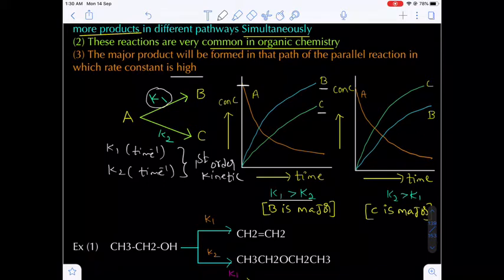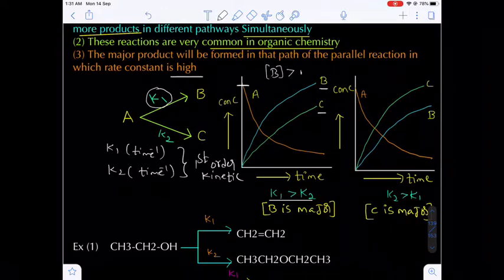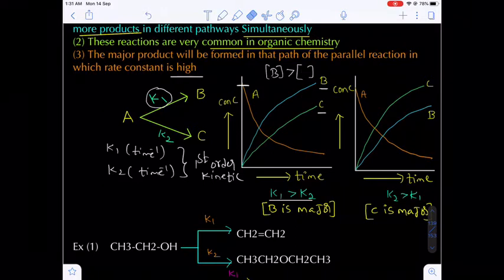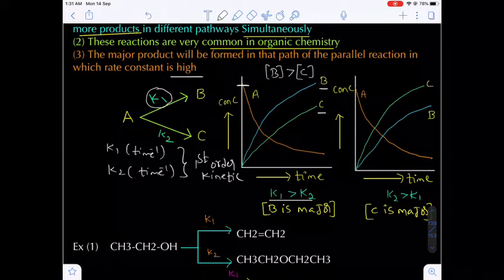In the second diagram, the concentration of C is greater than the concentration of B. In the first diagram, the concentration of B is greater than the concentration of C. Why?